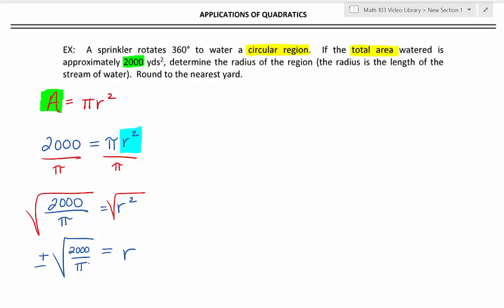Right now, we have both a positive and a negative answer for r. Well, the radius cannot be a negative number. It can only be a positive number. So we're going to throw out the negative and keep just the positive. That's going to give us r equals the square root of 2,000 over pi.